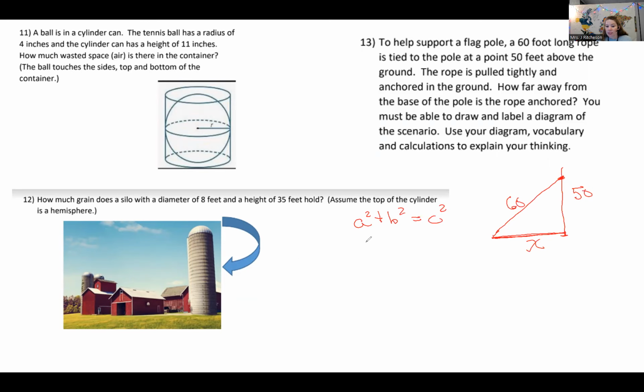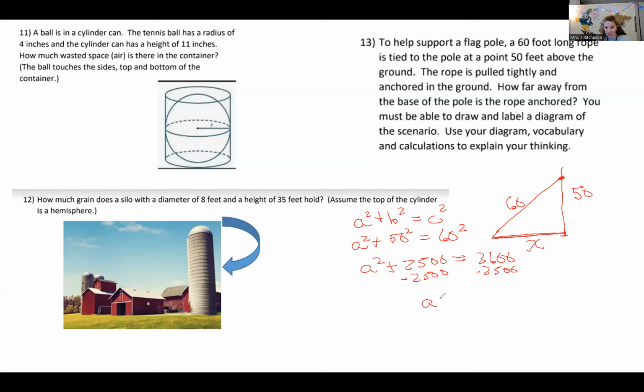So 50 and x are our legs, and 60 is our hypotenuse. So we're going to do 50 squared is 2,500, and 60 squared is 3,600. So now we're subtracting 2,500 from both sides.